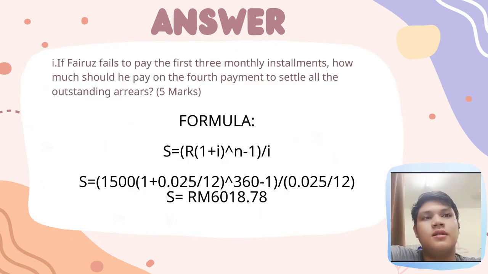So for question 2, N will be 4 because 4 is the number of the missed payment.